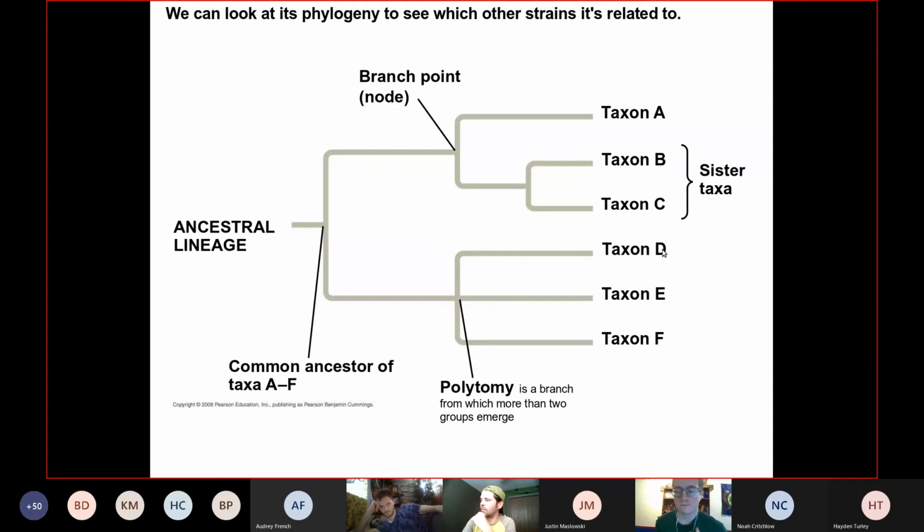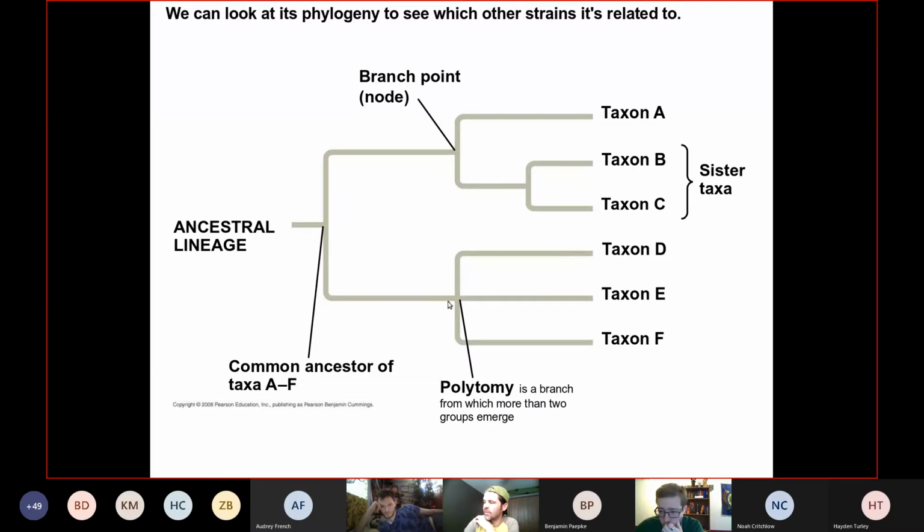Okay, what's the sister to taxon D? E and F. You would think E and F, but we actually don't know, and that's what this is. When we come back here, we don't know which paths to take. Here we find the branch point, and we have a certain path that we can take, and we take all the stuff down that path.